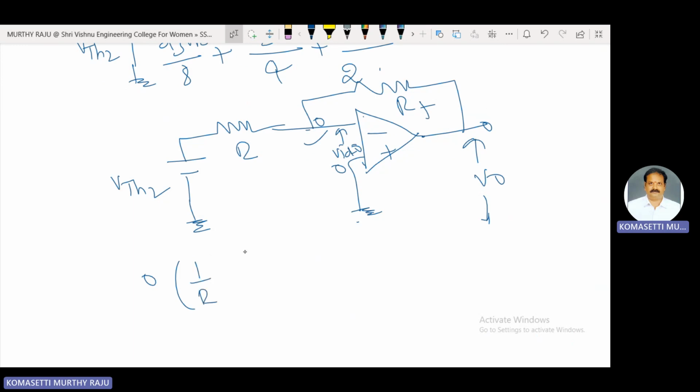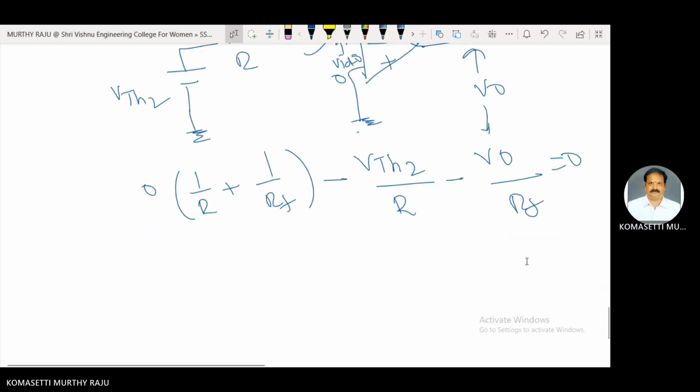R is the resistance connected to this node. Consider admittance 1 by R plus 1 by RF, minus adjacent node voltage VTH2 by R, minus adjacent node voltage V0 by RF is equal to 0.